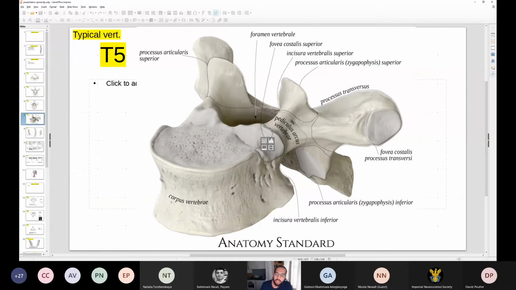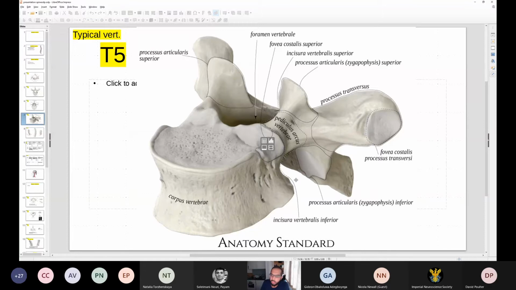As you can see here, there is a notch. The pedicle doesn't go all the way down here because they have to, one, accommodate for this articular facet and the opposing articular facet. So there's a joint in here, and they have to accommodate for the spinal nerves that will be exiting or entering the spinal cord at this point.